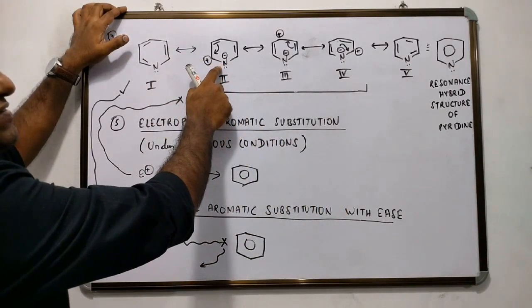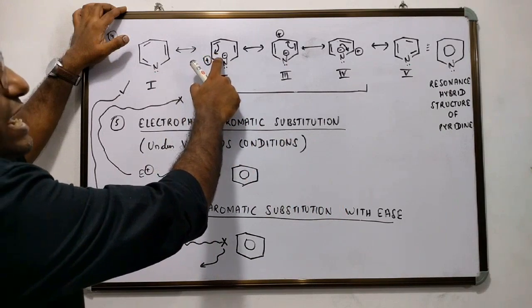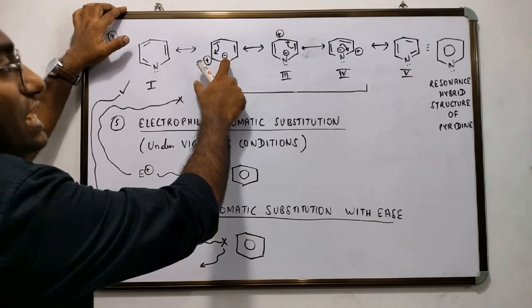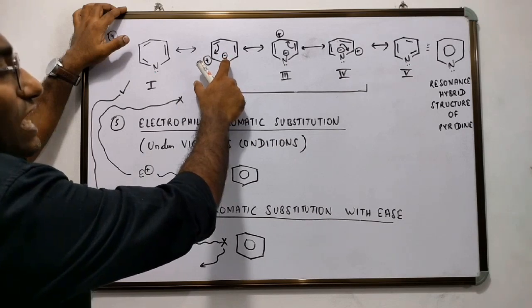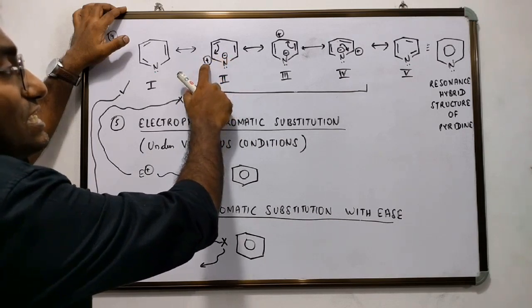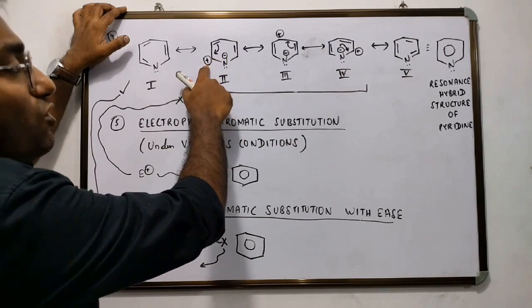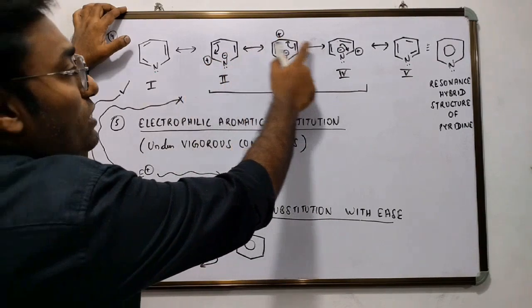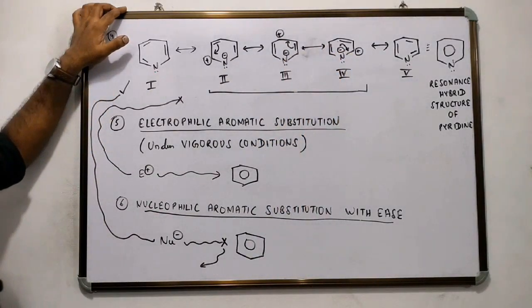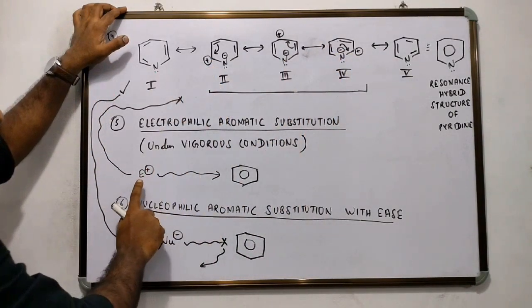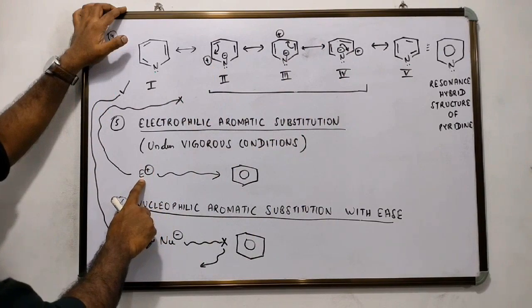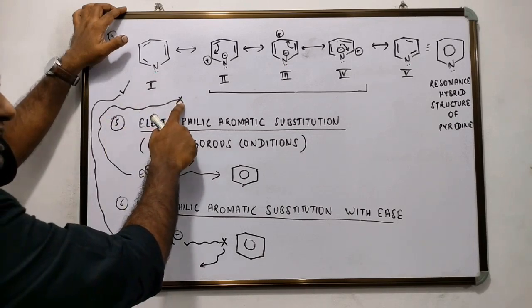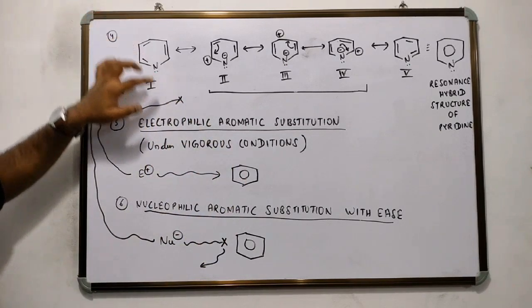And this electronegative nitrogen pulls an electron pair from the adjacent positions, and this creates scarcity of electron, particularly at ortho and para positions. Now, if an electrophile is given an opportunity to attack the pyridine ring, it would not do so.